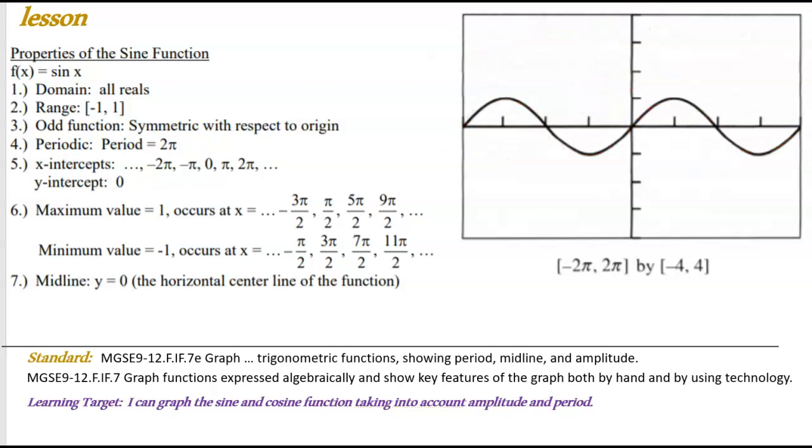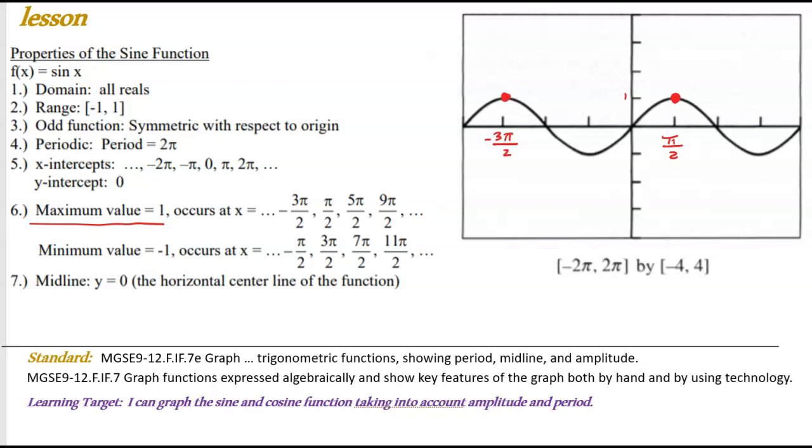Okay? So your maximum value is 1, and so you have a maximum value here. At an x value of pi over 2, the maximum value is 1. Over here, at negative 3 pi over 2, you have another max value of 1. And then this is important.